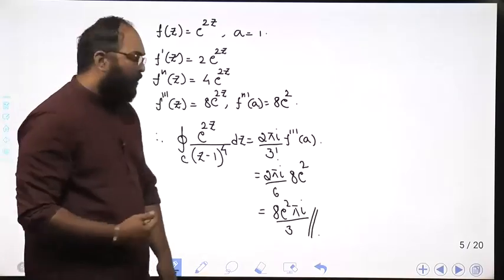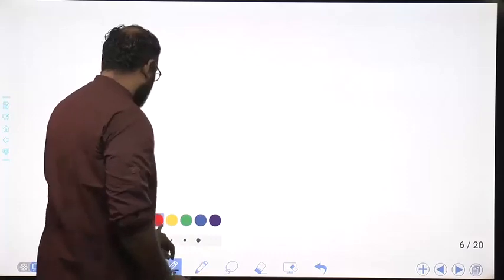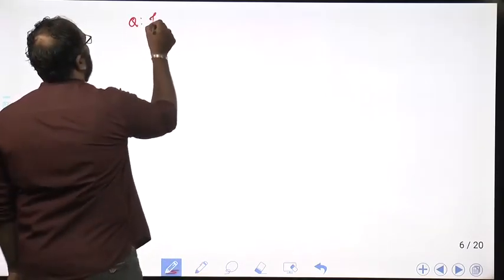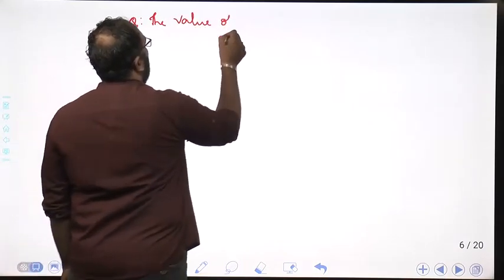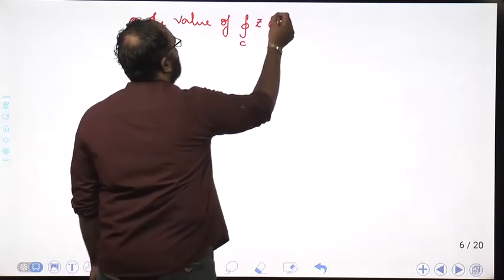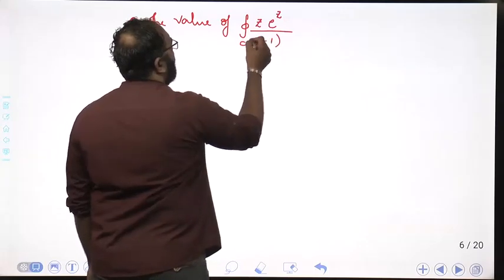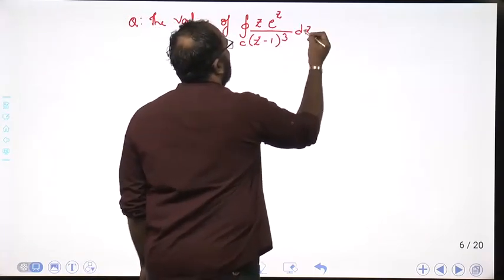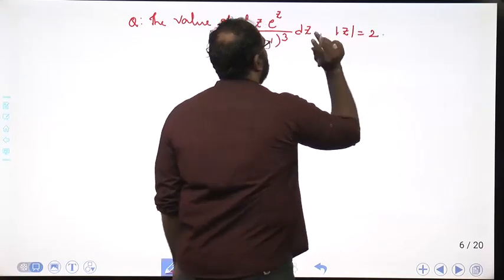Clear? Okay. Now let's discuss a few more problems on the derivatives. Say, if he is asking us to find the value of the integral over c of z e to the power z by (z minus 1) whole cube dz, where c is the circle mod z equals 2.